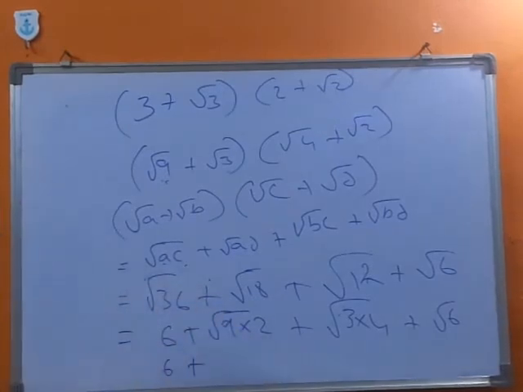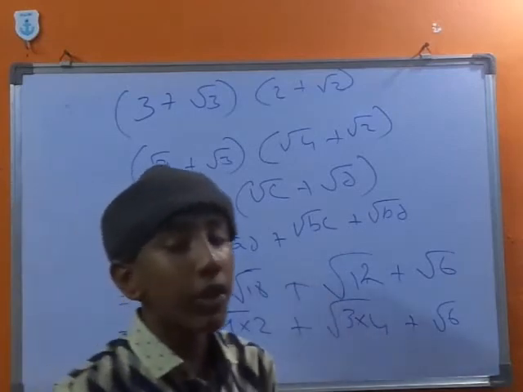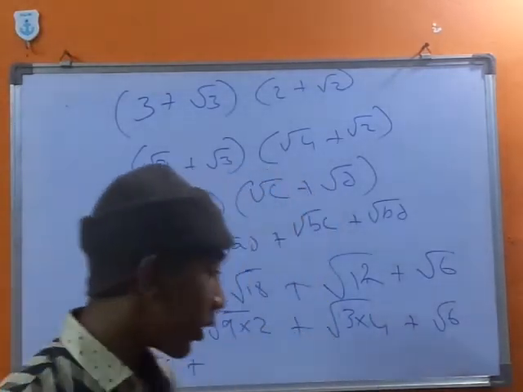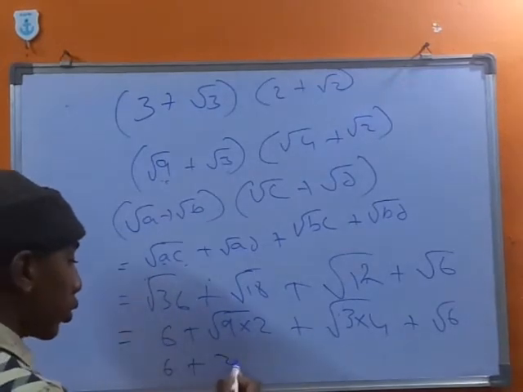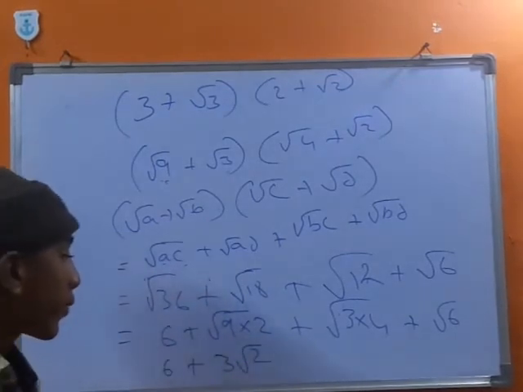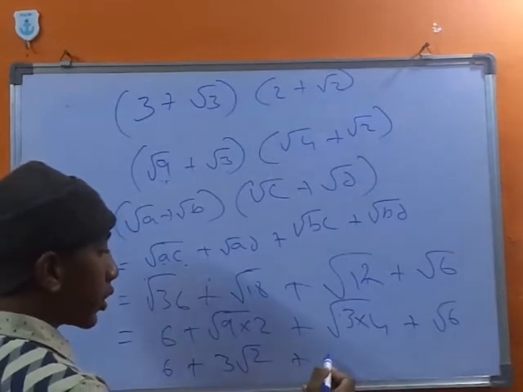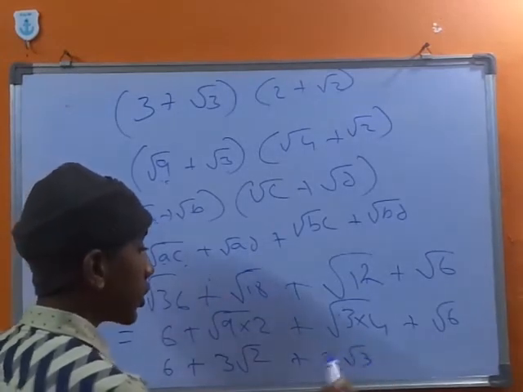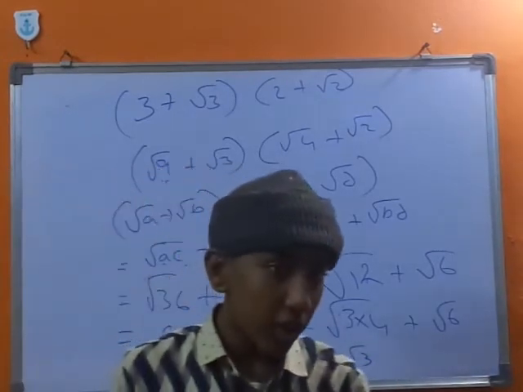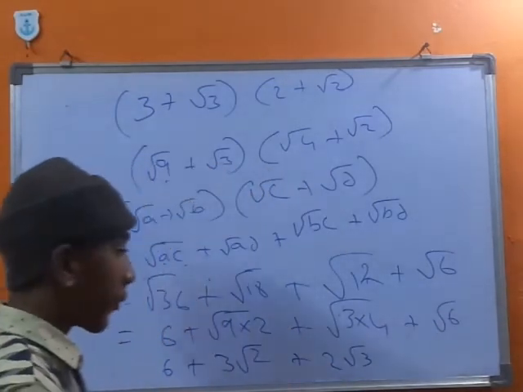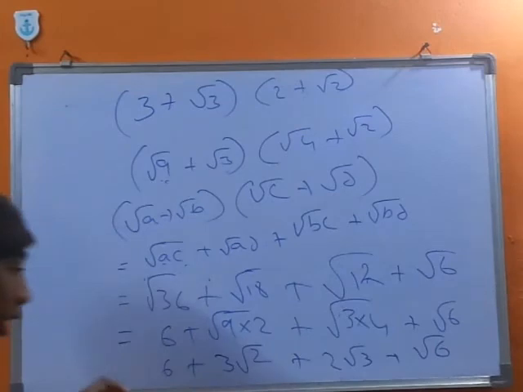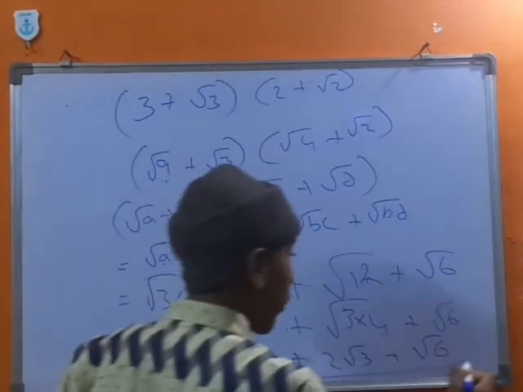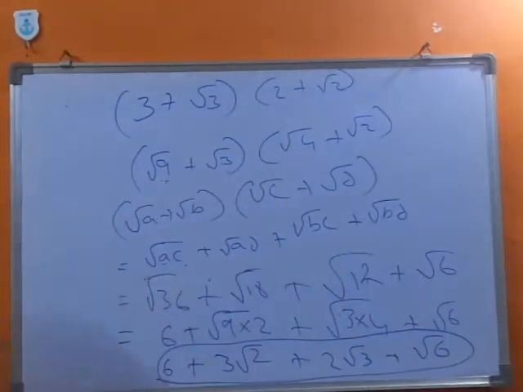So remember the identity root of ab is equal to root a into root b. So root 9 into root 2 is 3 root 2. And this becomes 2 root 3, because root 3 into root 4 is 2 root 3, plus root 6. And this is the simplified form of this expression.